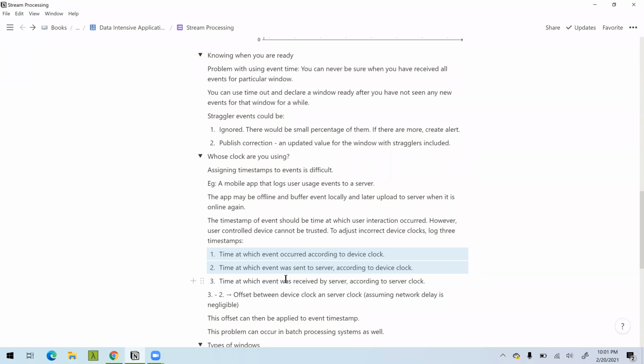So we could do it at the client level as well. I'm just guessing. Whenever an event happened, you could check the last time the client was online. You can maintain the server time and the device time locally.